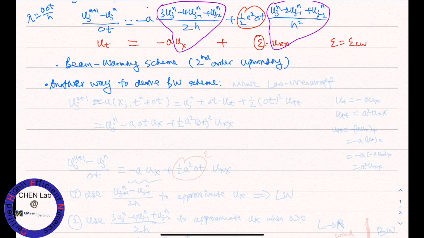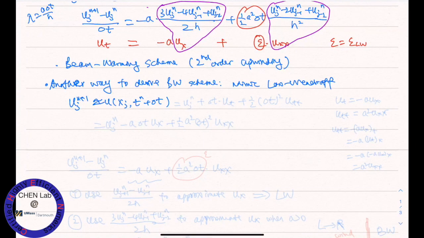All right, so we're going to mimic the Lax-Wendroff. Remember, what the Lax-Wendroff is doing is a Taylor expansion along time. So we have u_j^{n+1}, because that is to approximate u at x_j, t_{n+1}. But t_{n+1} is t_n plus delta t.